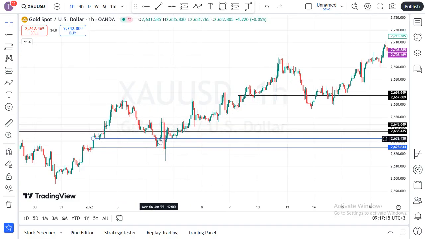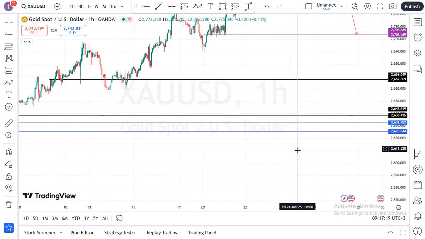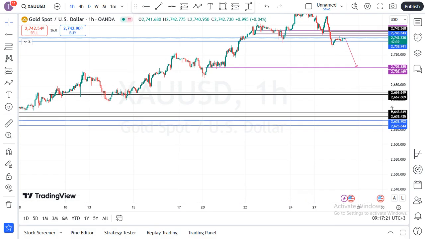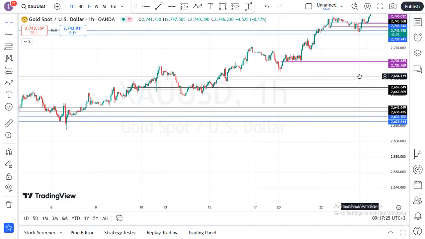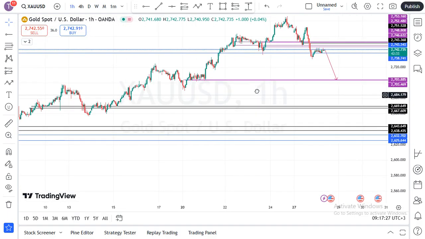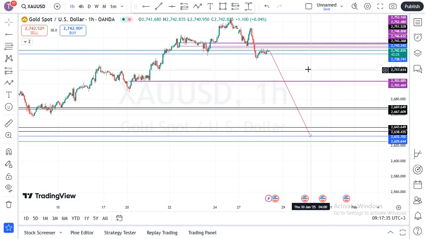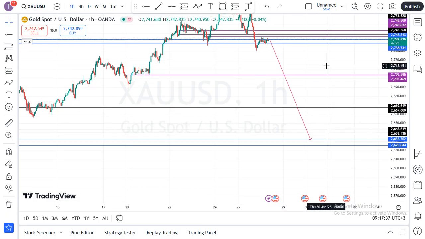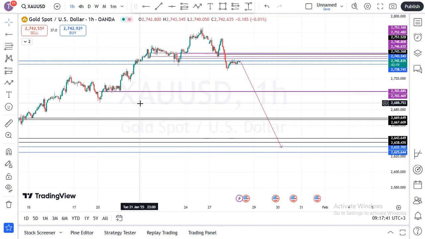As you can see, this was also a great zone. So even if this one is dropping down, it may come and respect it. It may drop and respect all these zones here. Yes, it is very possible.